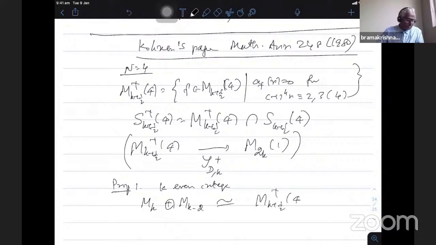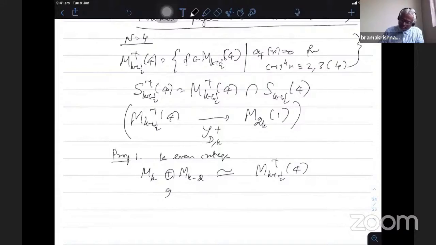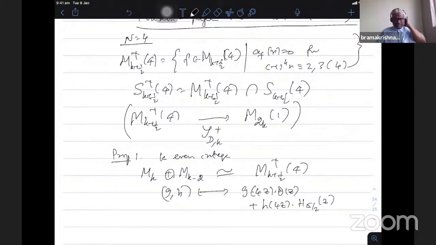The isomorphism is given by taking any form (g, h) and sending it to g(4z) times theta(z), where theta is the classical theta function, plus h(4z) times the Cohen Eisenstein series of weight 5/2. Here I'm taking h to be of weight k-2, and this is weight 5/2. Therefore, the multiplication gives you weight k+1/2.